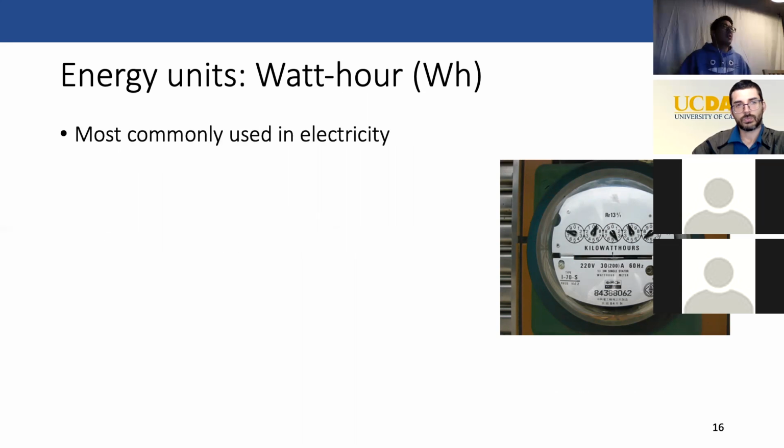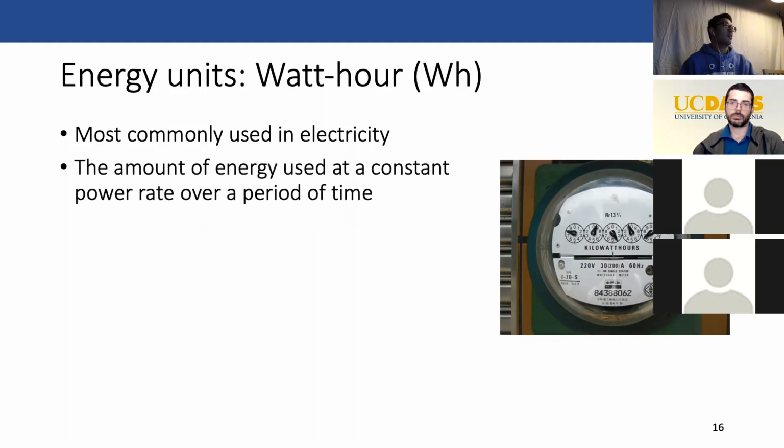So the next common one that we'll see referred to here is the watt hour. And this is most commonly seen in electricity. This picture over here is a picture of a meter, which measures how much electricity is being used in your home. This measures the amount of energy used at a constant power rate over a period of time.